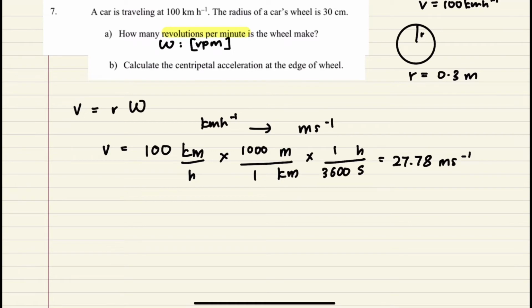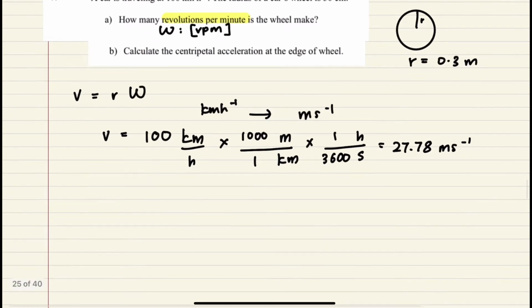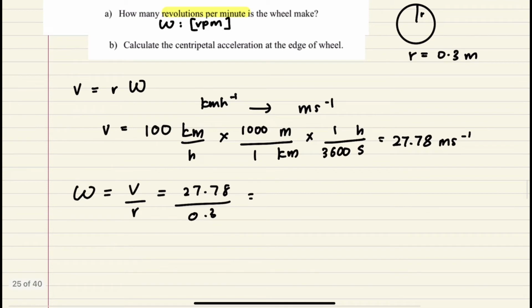Now you have to substitute back into the equation v equals r omega, so that omega is equal to v over r. v is 27.78 and r is 0.3, both in SI unit. So the final answer would be in SI unit as well, which is radian per second.